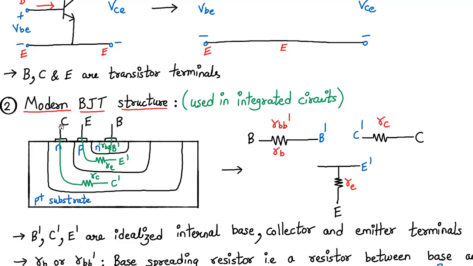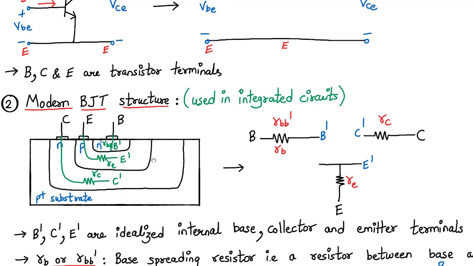Basically the difference between C and C dash is that we have a resistance RC, and the difference between E and E dash, where capital E is the external terminal and E dash is my internal emitter terminal, is differentiated by the RE resistance.